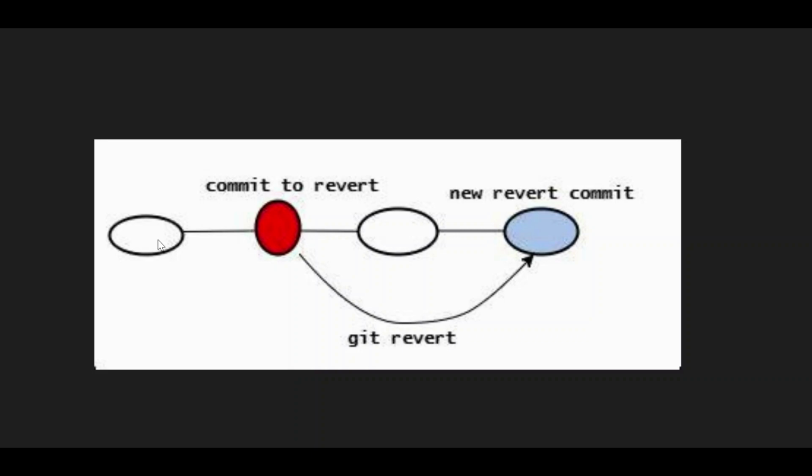So you can see the commit history now: you did a commit here, but here you are reverting back and removing the changes which you have done. This will not remove the other changes, only a particular change. Okay, you need to give git revert and the commit hash or commit id here. So this is the difference between git reset and git revert. Now let's see practically how we can run these commands and see the behavior.